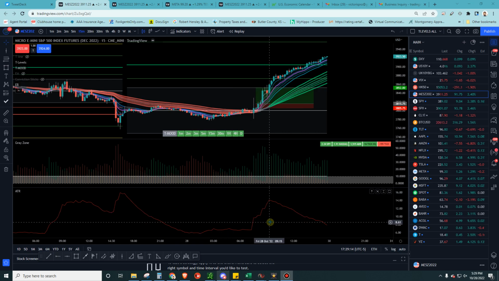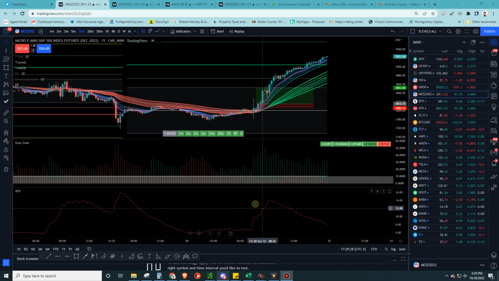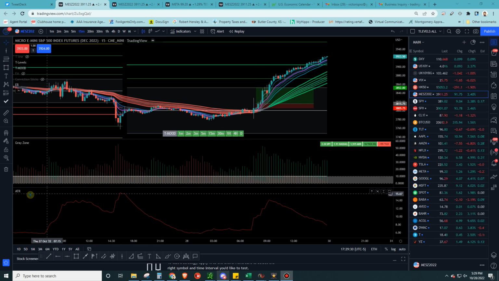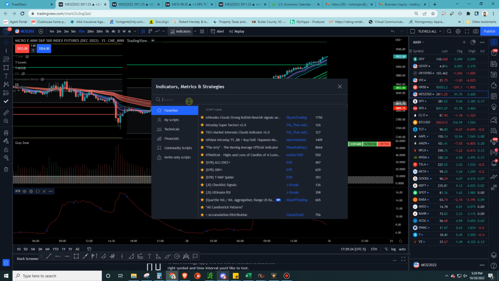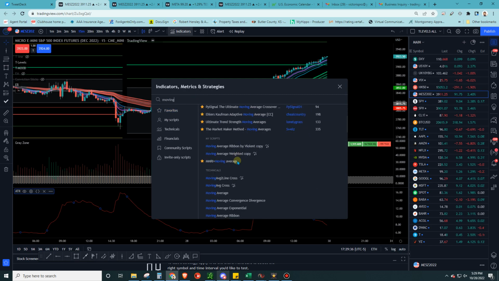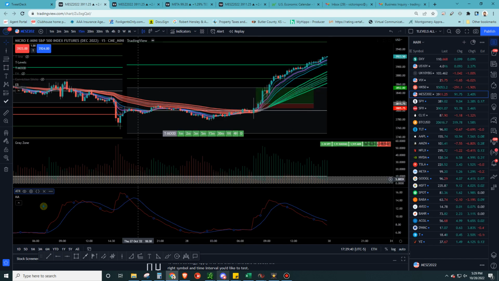And the average true range a lot of times is a little funky, because you've got your overnight where the average true range was sitting there at about 6 or 7 throughout the whole night. Then you get a huge move, and that really expands it. So sometimes I'll even use a moving average. You can add a moving average onto the ATR just so you can smooth it out and get a real good idea of what this ATR is looking like.